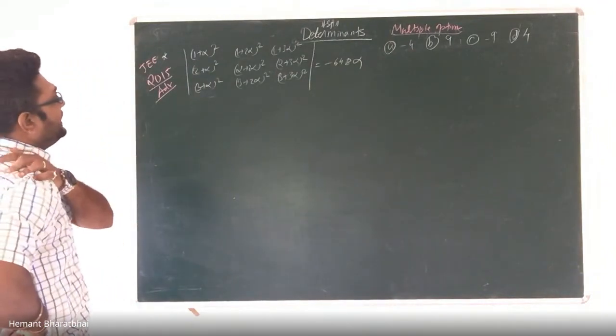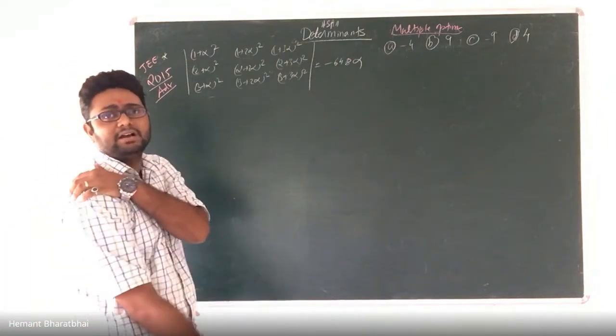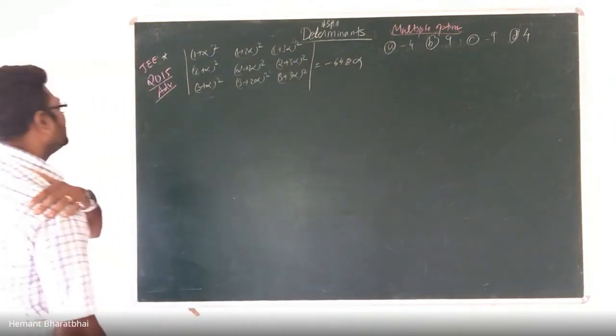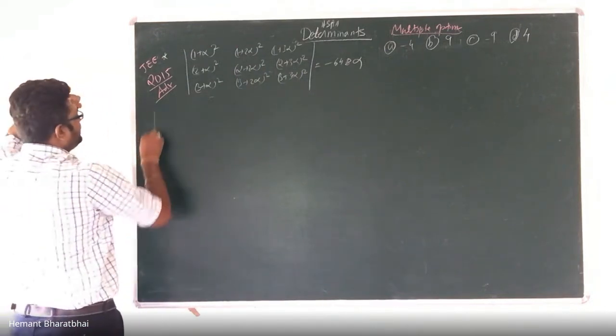I cannot directly add or subtract the columns. First I will have to simplify them. Then only I can add or subtract columns or rows.